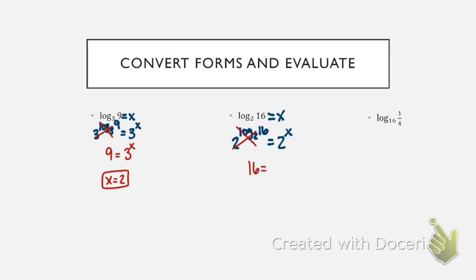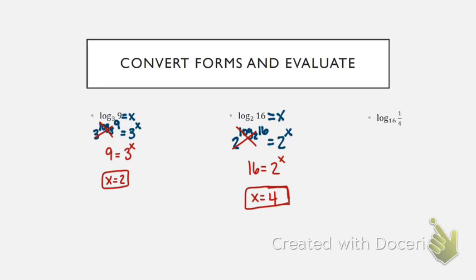So I'm left with 16 equals 2 to the x. So now I have to think, well, 2 to what power gives me 16? So 2 times 2 is 4, times 2 is 8, times 2 is 16. So 2 to the 4th power equals 16.